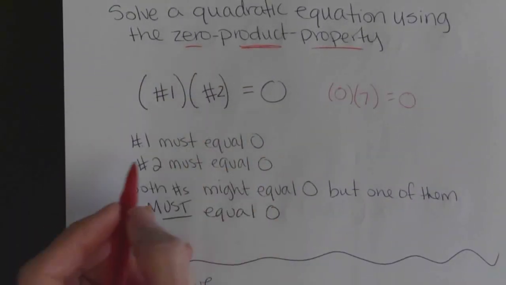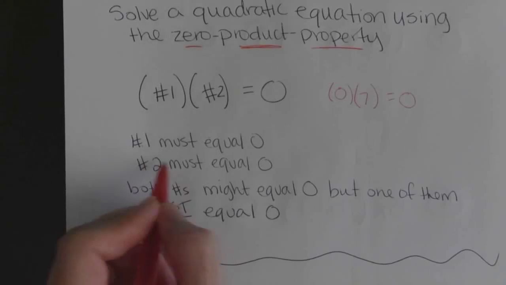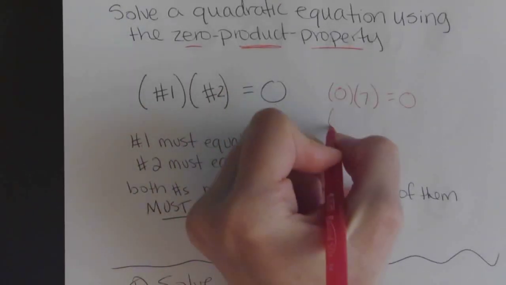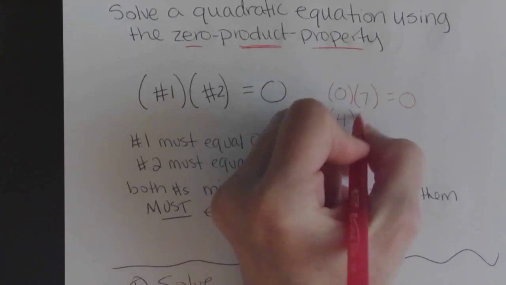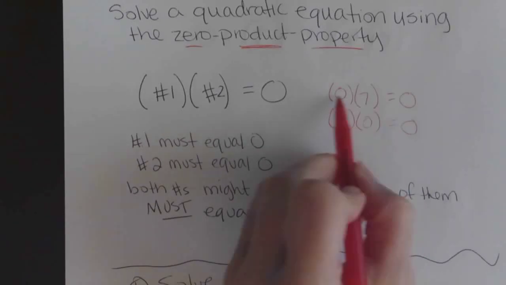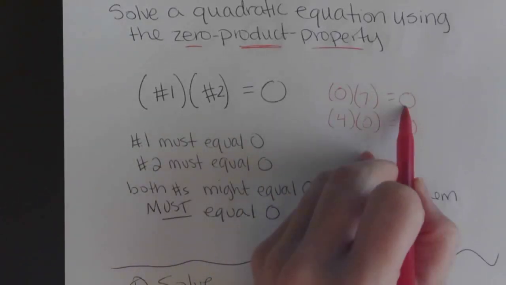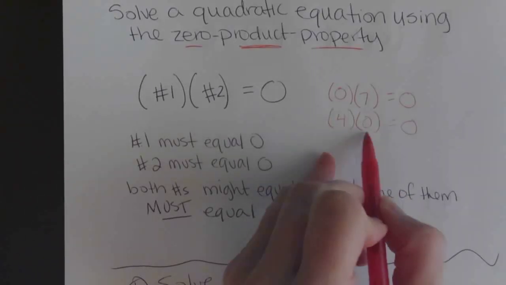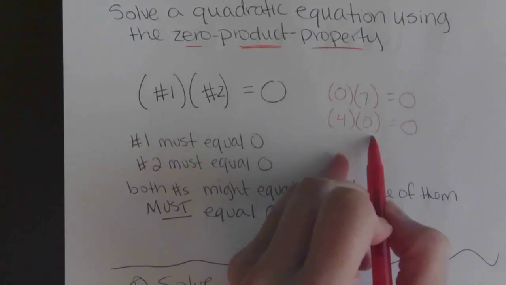Or maybe number 2, the second number, would have to equal 0. In that case, it would be something like 4 times 0 makes 0. So if you have a product and the result is 0, either the first has to be 0 or the second has to be 0.